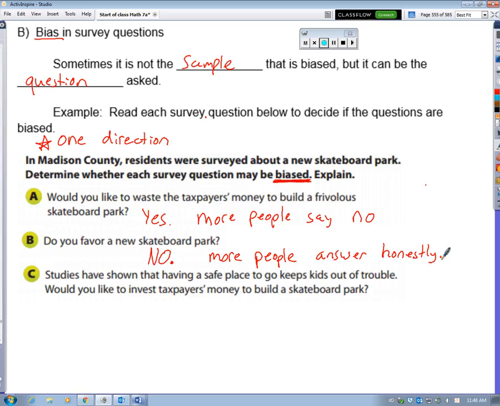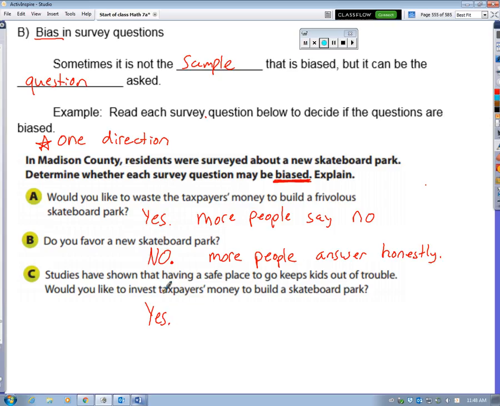Okay, last question we have here. Studies have shown that having a safe place to go keeps kids out of trouble. Would you like to invest taxpayers' money to build a skate park? Is this question biased? Yes, it is.